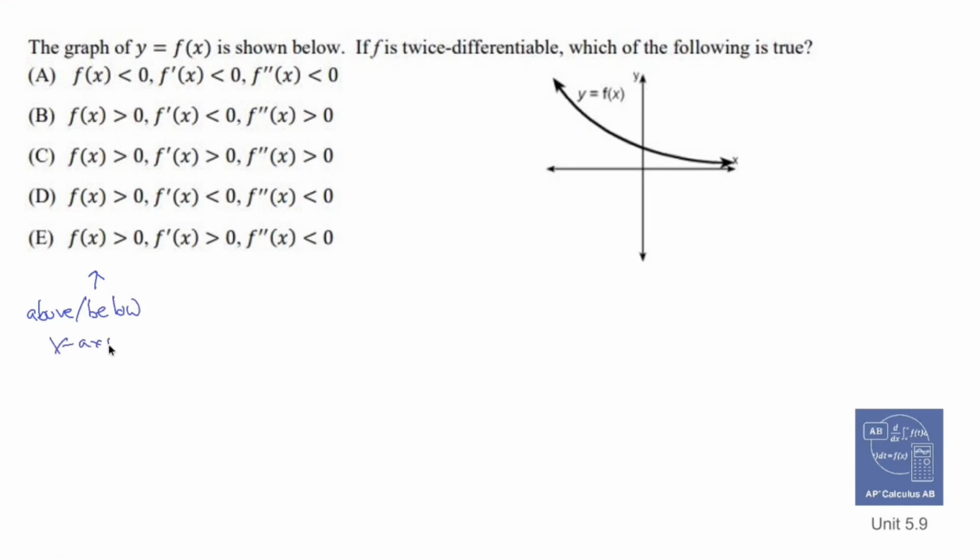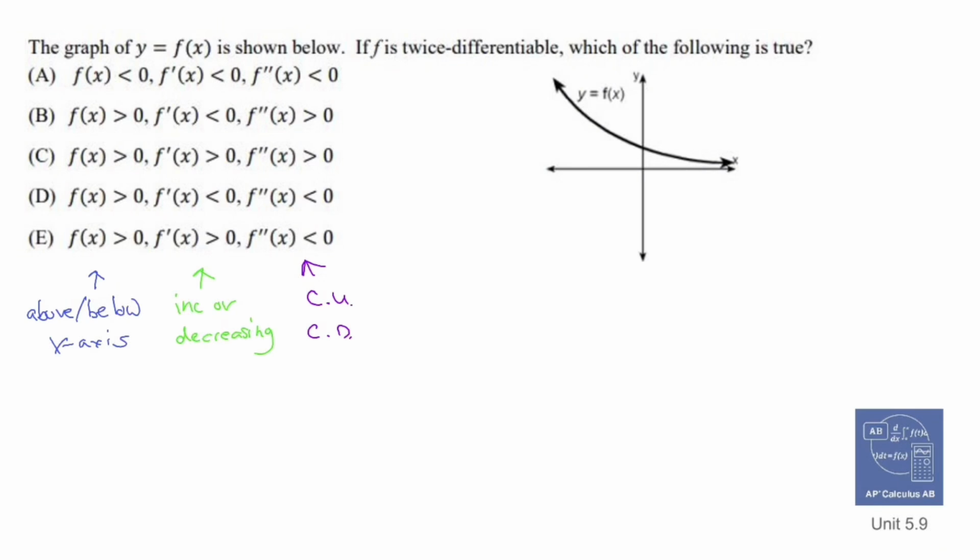So let's say that as part 1. Part 2, the derivative tells me if it's positive or negative, whether it's increasing or decreasing. This guy is telling me the second derivative, whether it's concave up or concave down.